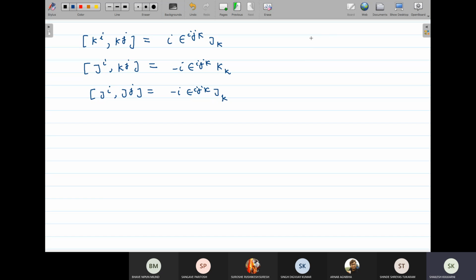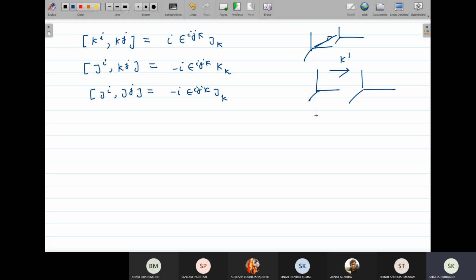So if you have a frame here, you apply a boost and you go to another frame. For simplicity, let us consider a frame and apply a boost along the x1 direction. You get from here to here. This is generated by K1.